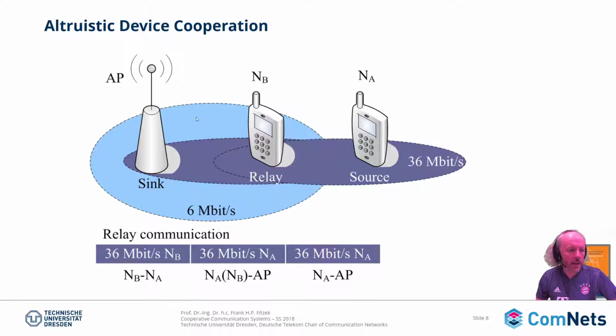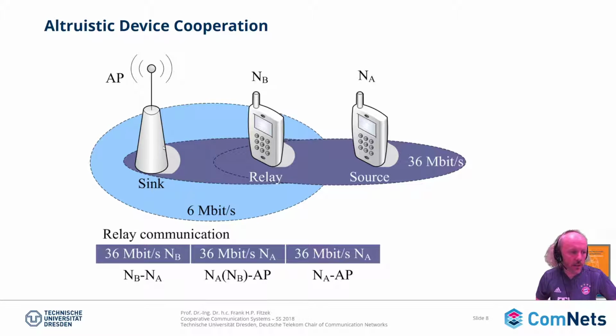Here's an example that we got from our first book. We have a base station and two devices, node A and node B. The base station, or the access point here, can reach node B with 36 megabit per second. This relates to the Wi-Fi 11a or 11g data rates.